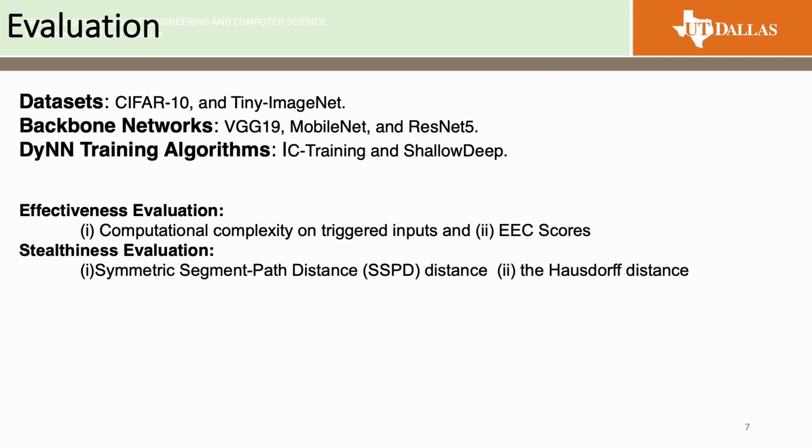For the first research question, we define two metrics. The first is the computational complexity on triggered inputs, and the second is the EEC score. For the stealthiness evaluation, we use the SSPD distance and the Haas drop distance as our evaluation metrics.